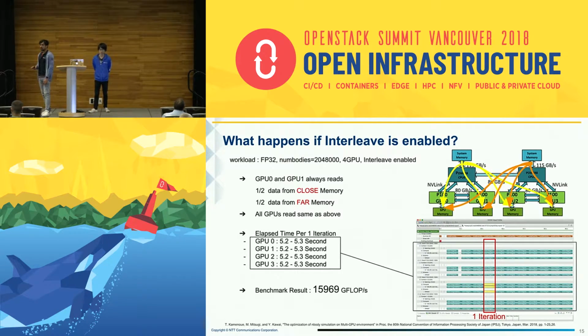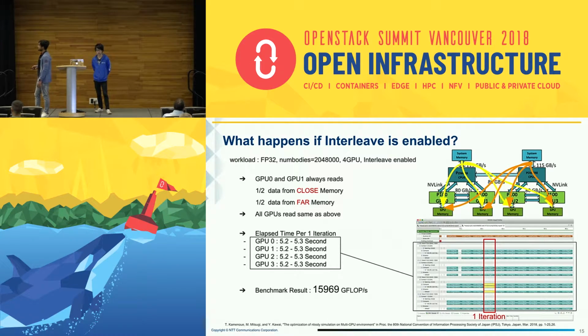When we enable memory interleave, GPU0 and GPU1 read half of the data from the close memory and half from the far memory, and it is the same for all the remaining GPUs.